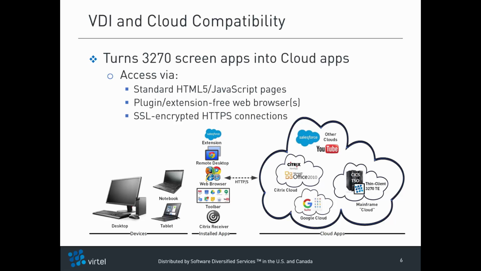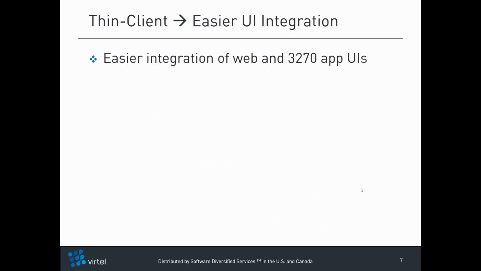But Virtel Web Access, with its thin client browser-based architecture, fits right within the cloud and VDI trends. With Virtel, 3270 applications are accessed via a standard plugin and extension-free web browser. In effect, Virtel turns 3270 screen applications into cloud applications.